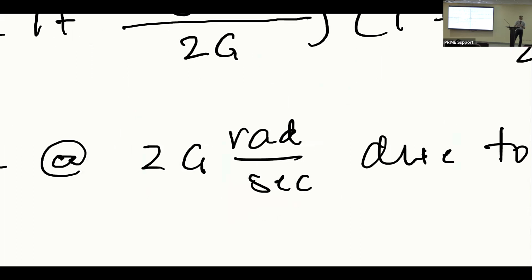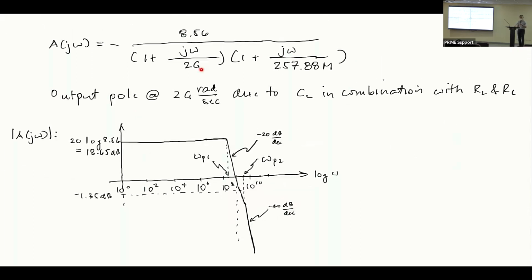So this is the output pole. Okay. So now my gain consists of a DC component and then an output pole and an input pole. And so now using the techniques you learned earlier, you can now determine the frequency response.